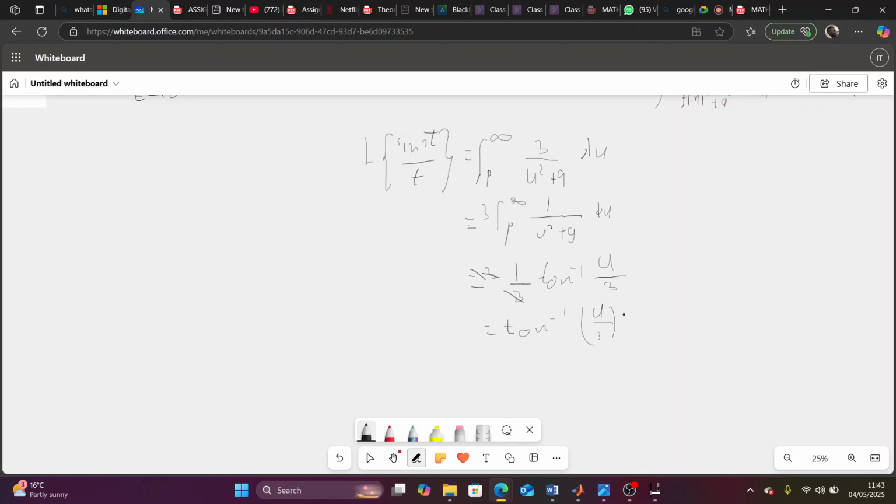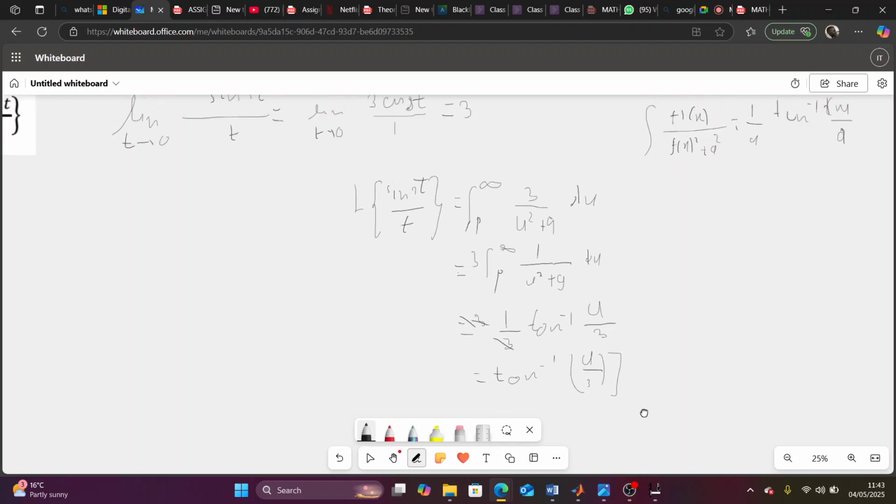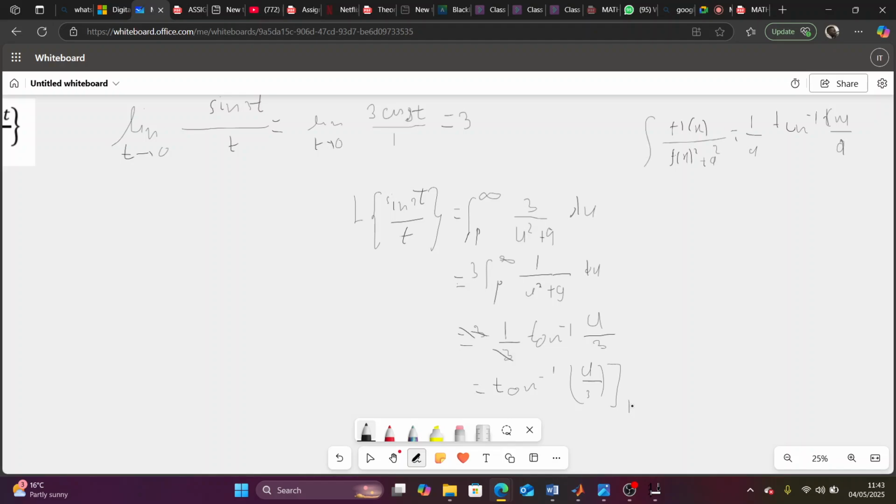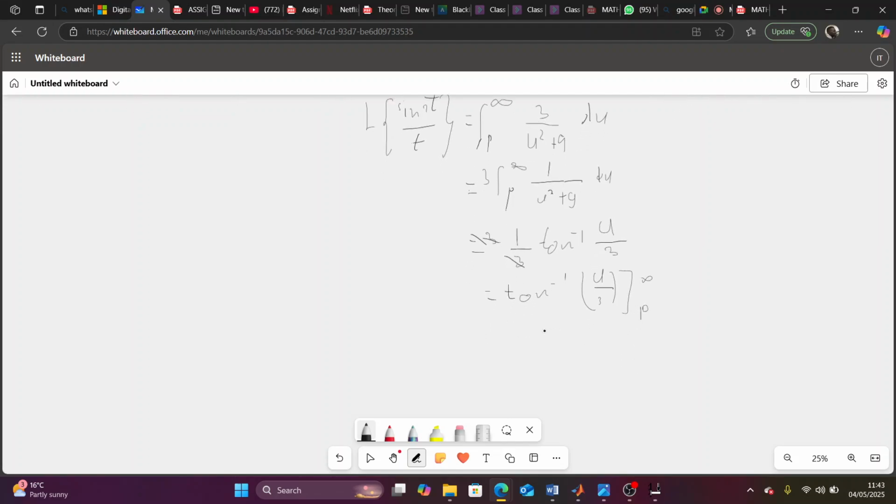Now, what are the limits? Our limit is from p to the infinity. Now we can do upper limit minus lower limit. For the upper limit, first we're going to have tan inverse of infinity over 3, minus tan inverse of p over 3.